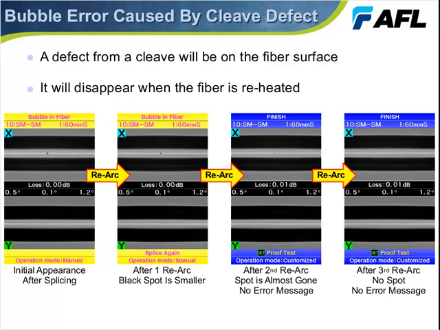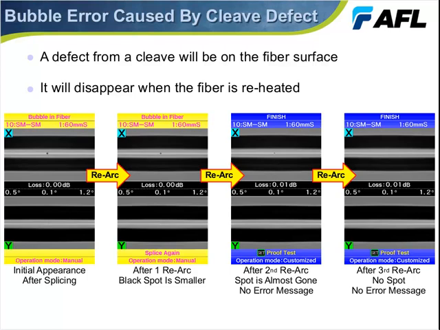After we re-arc one time, that spot gets a little smaller in this particular case. We still see the bubble alarm. After we re-arc another time, the bubble alarm is now eliminated. There's still a very small spot, but it's below the alarm limit threshold. And when we re-arc one more time, in this particular case, the spot is no longer visible.